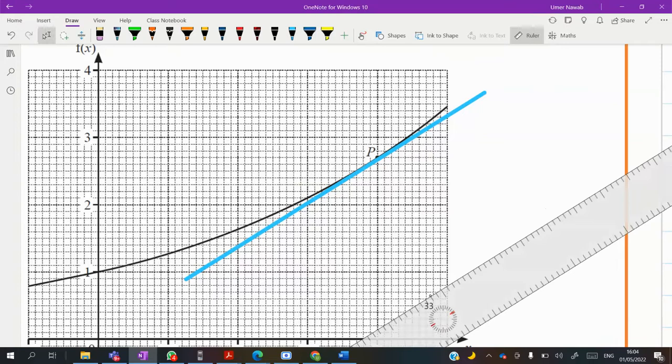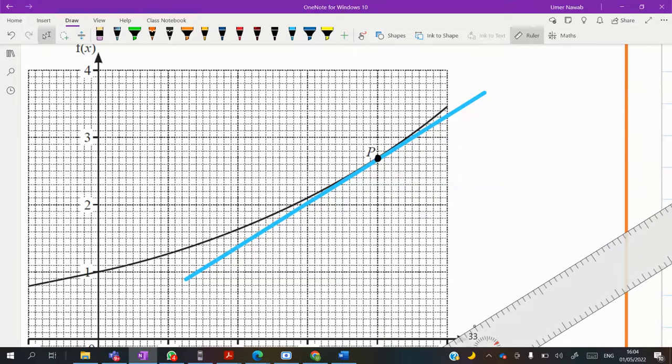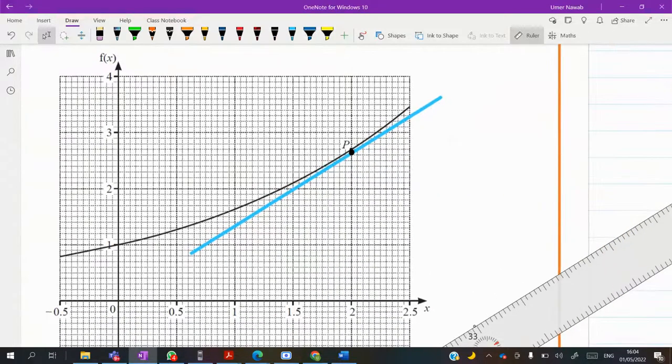So when I draw the tangent, I need to see what these points are. This point is 2 and 2.7. And is it passing through any other points? Suppose this is 0.6, 0.7, 0.75, and 1.